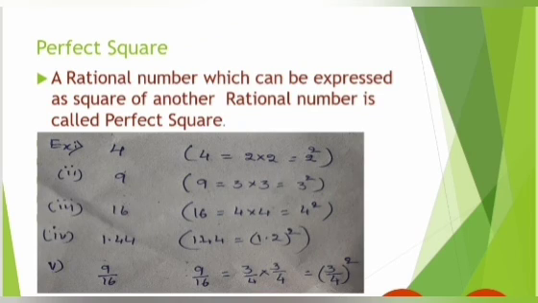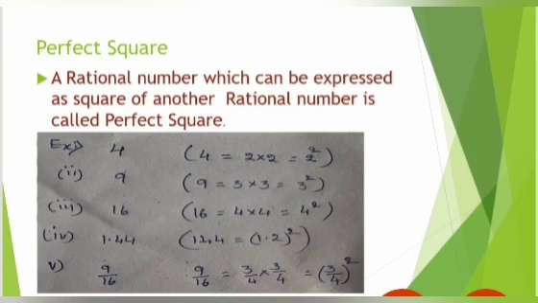Let's see examples of perfect squares and what numbers form perfect squares. For example, I have 4. I can write this 2 into 2, that is equal to 2 square.